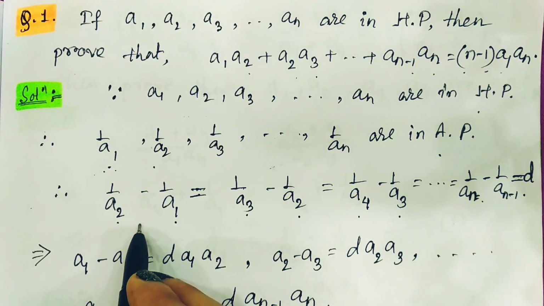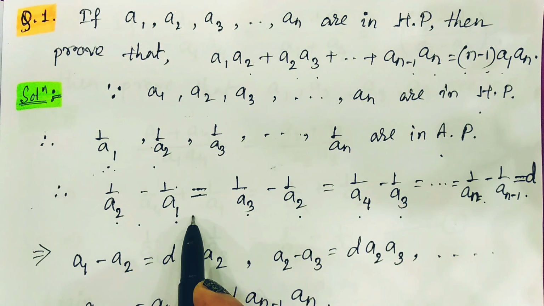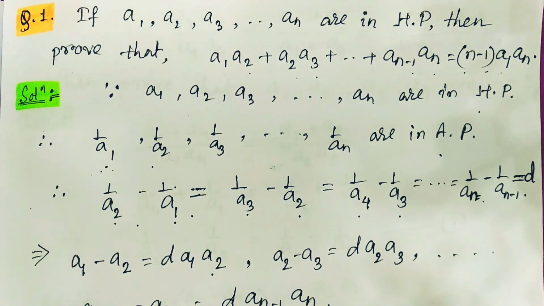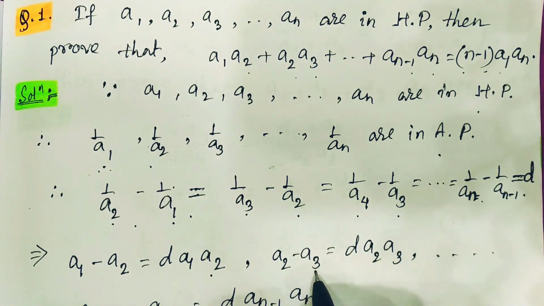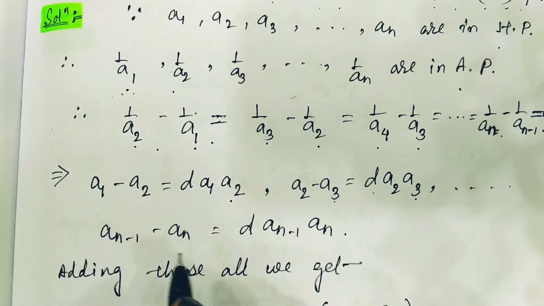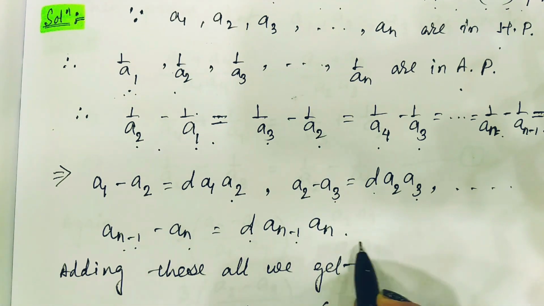So from this first one, we will find out that A1 minus A2 is equal to A1A2 into D. Similarly, A2 minus A3 is D into A2A3, and in this way we will find out that A(N-1) minus AN is equal to D into A(N-1)AN.